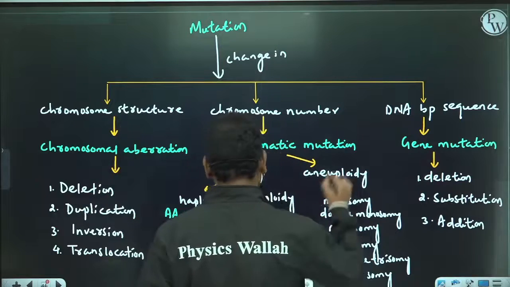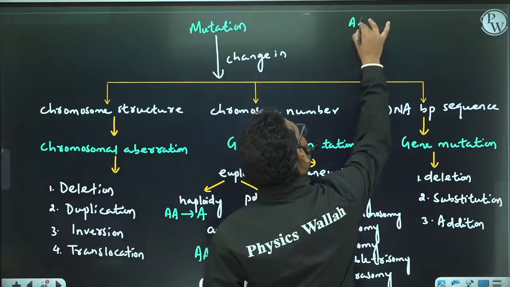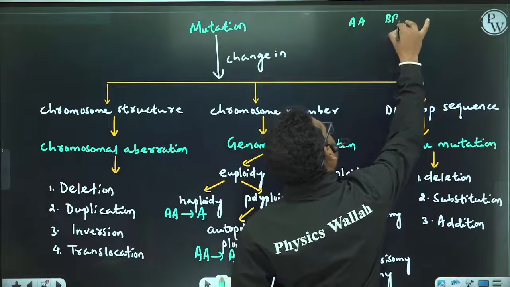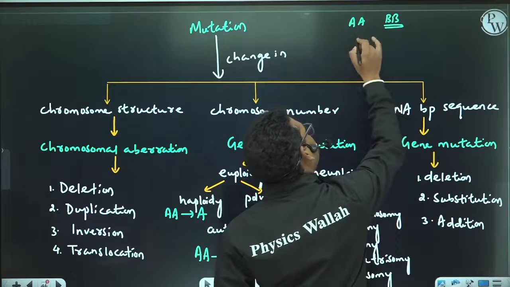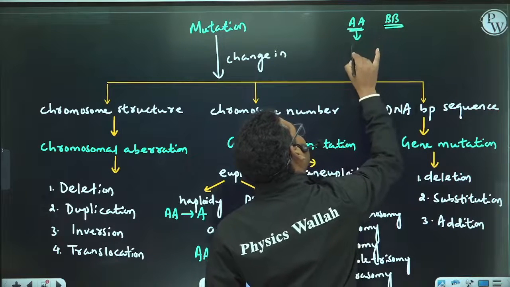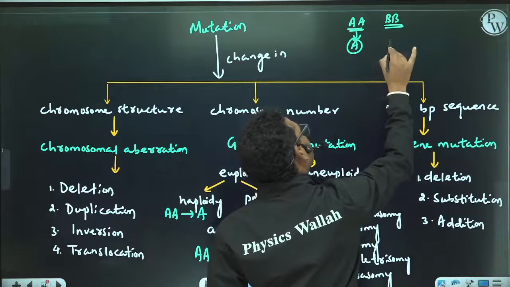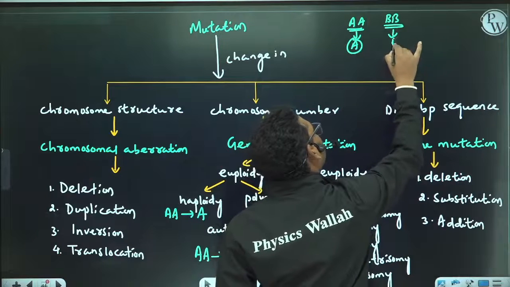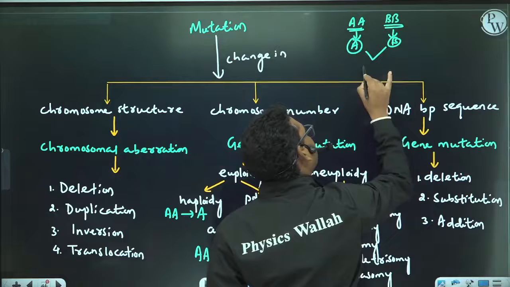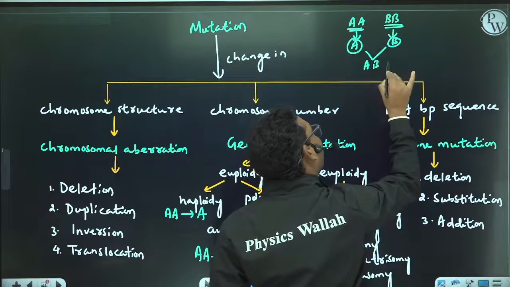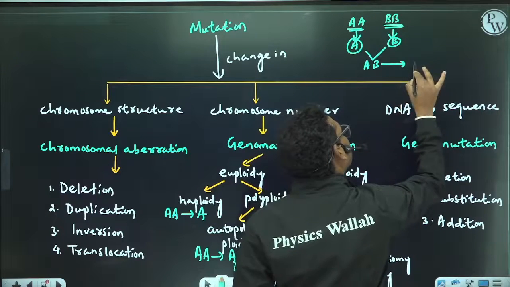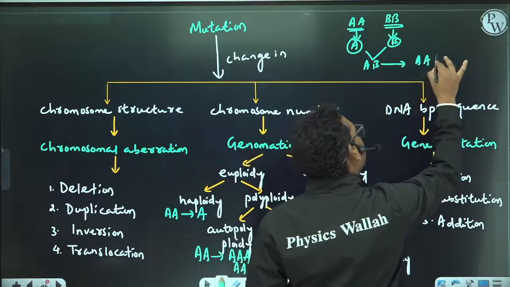Let me write this here. This is two genomes, not two genes. From here I will get one genome, from here I will get another genome. They will get fused with each other, so I will get two genomes here. And if they multiply, I will get capital A, capital B.